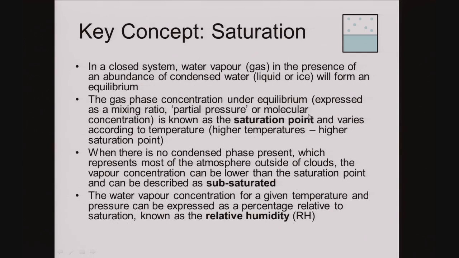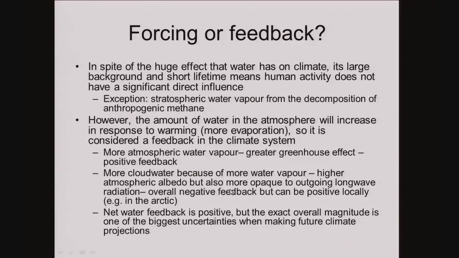So when there's no condensed phase present, so no liquid or ice, which is most of the atmosphere, the vapor concentration can actually be lower than the saturation point. We've not approached equilibrium yet, and therefore we can describe that situation as being subsaturated. So that was this slide here.